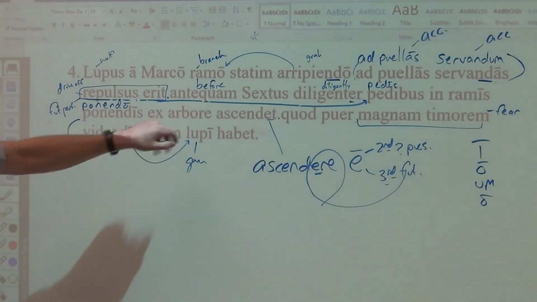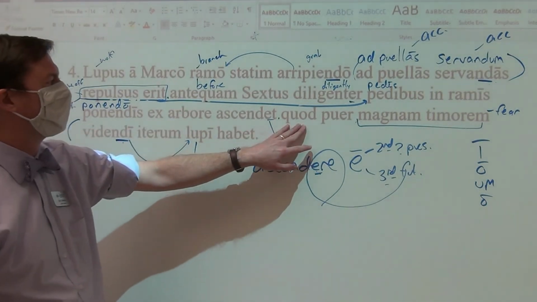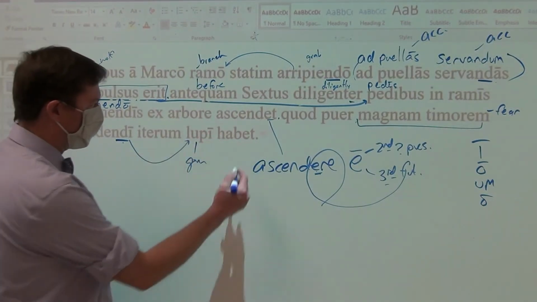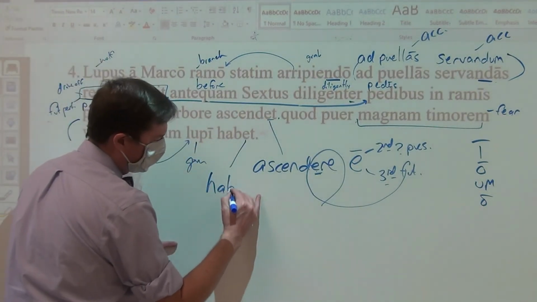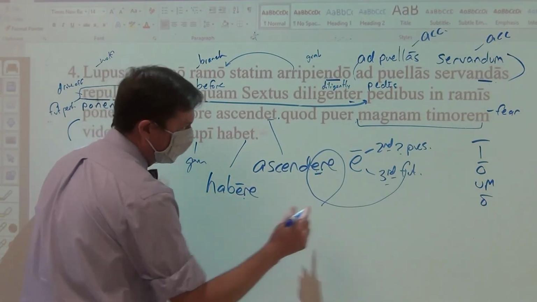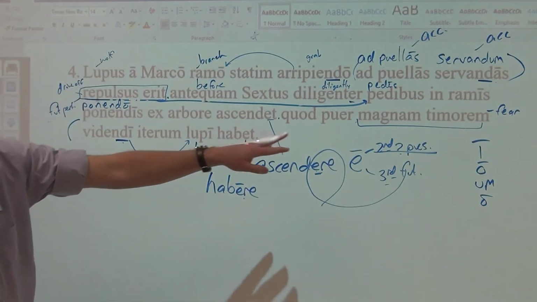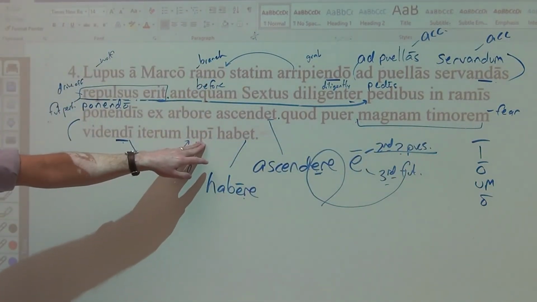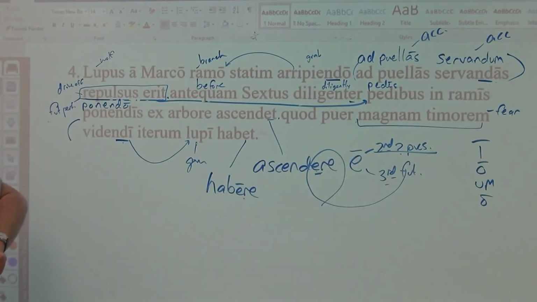So why will Sextus climb out? Quod puer habet. We have to ask the question. This is habere. And I see that it is a second conjugation. A magnam timorem lupi in the genitive. Which lupi?